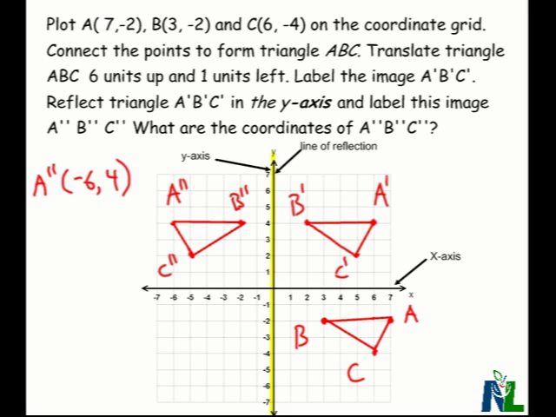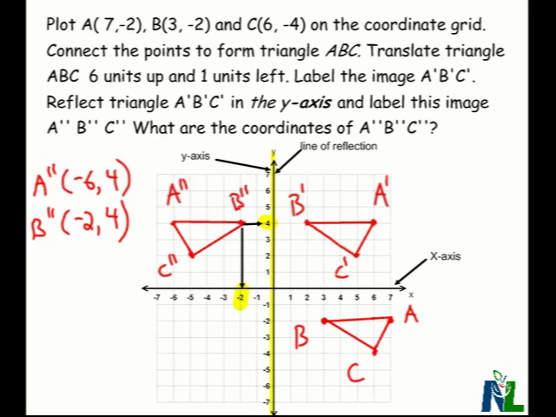Next, we can look at point B prime prime. The x-coordinate is -2, and the y-coordinate is +4. So the coordinates of B prime prime is x, -2, and y, 4.